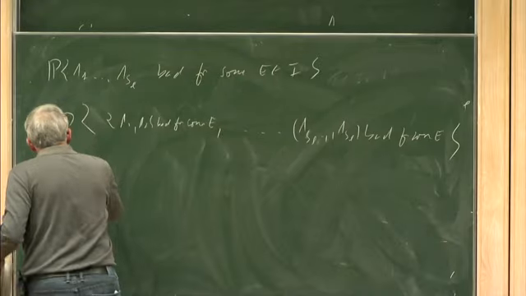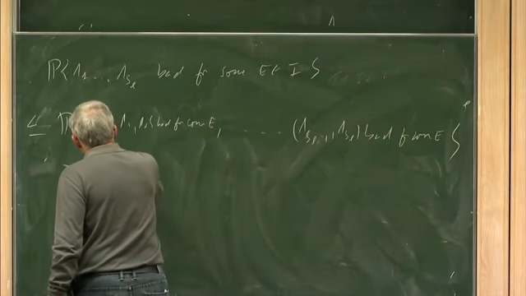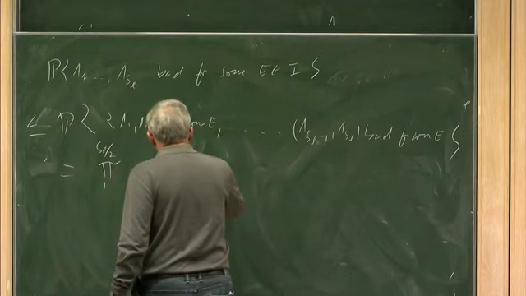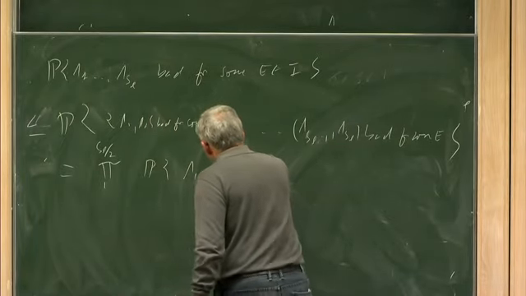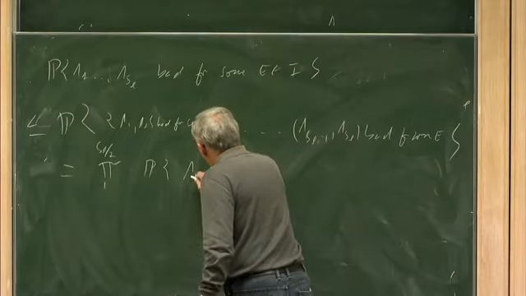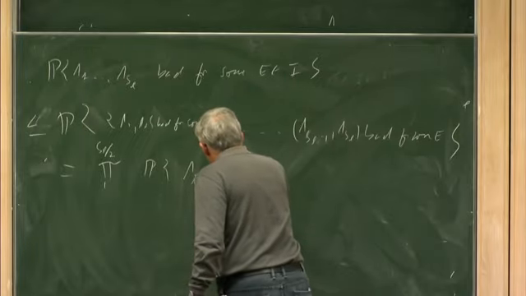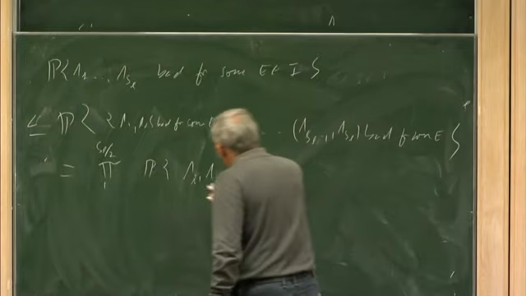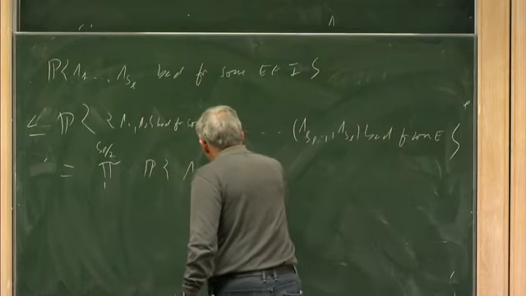So this is actually the product from 1 to SL over 2 of the probability that lambda 1, lambda 2 are bad. Lambda I, I should put lambda I plus I minus 1. What are the dots standing for?